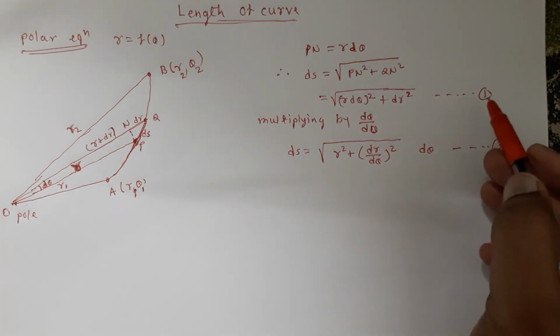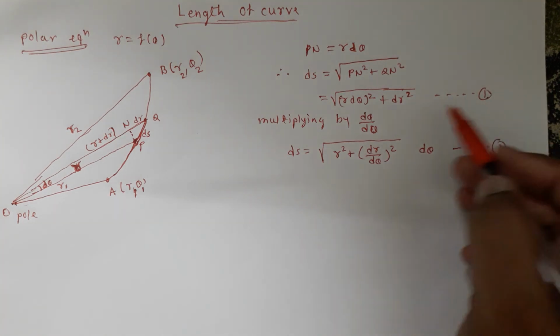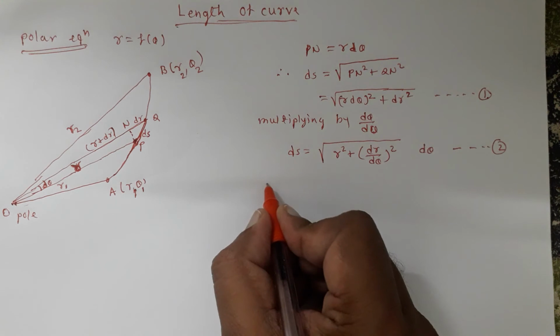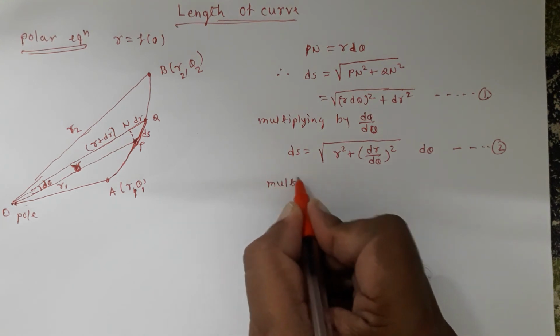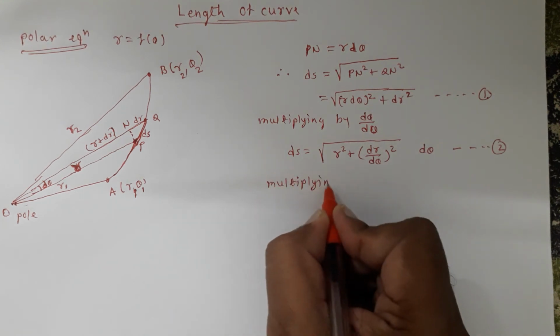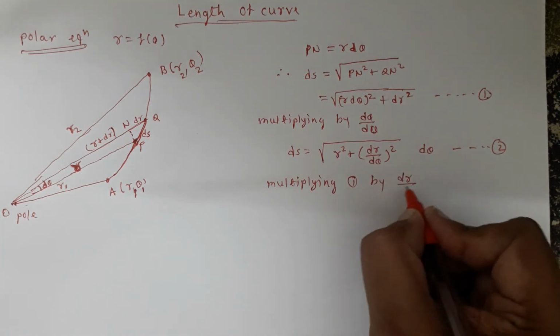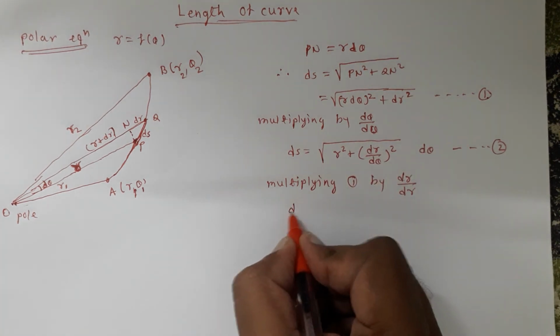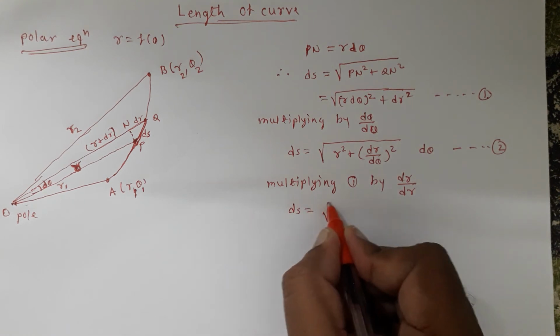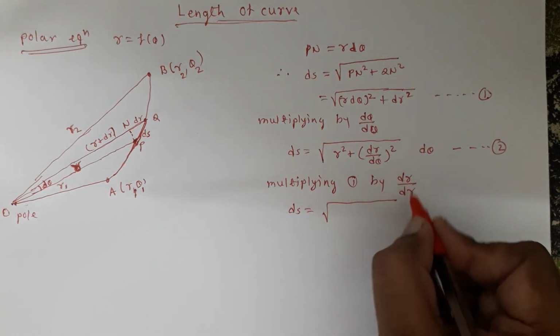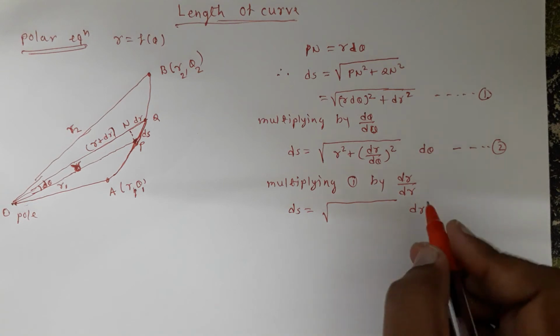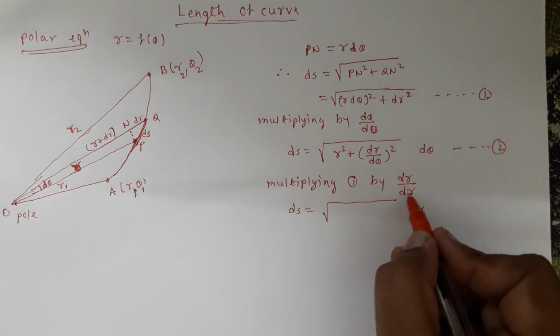Now if I multiply equation 1 by dr upon dr, the equation will become ds is equal to root of, I am keeping this dr at the numerator outside the square root, and I am bringing the other one inside the square root.